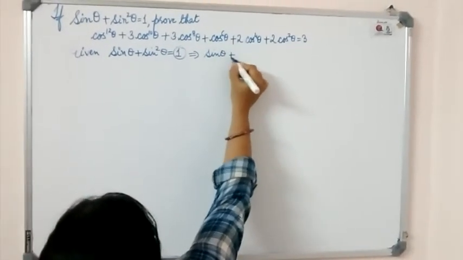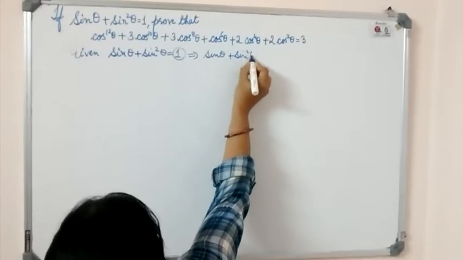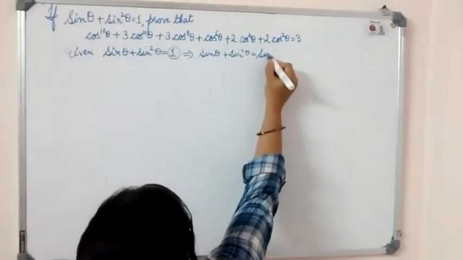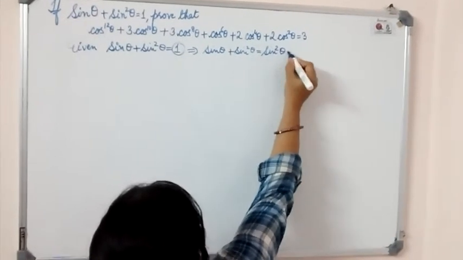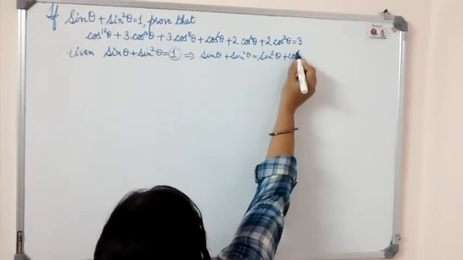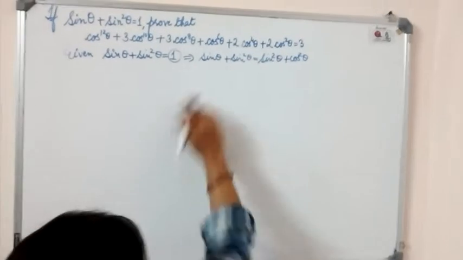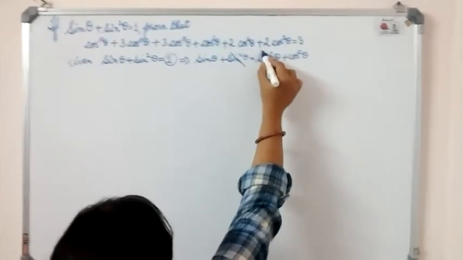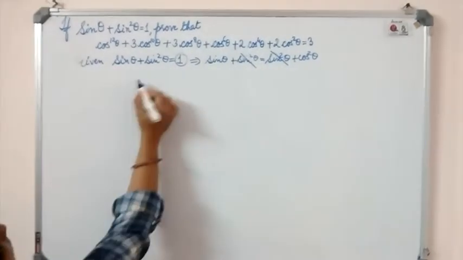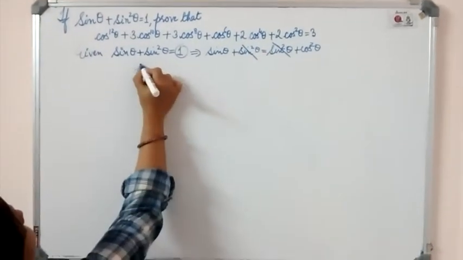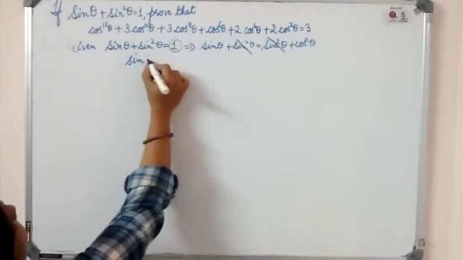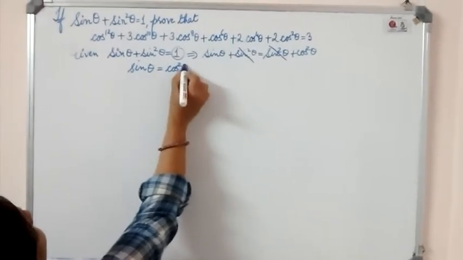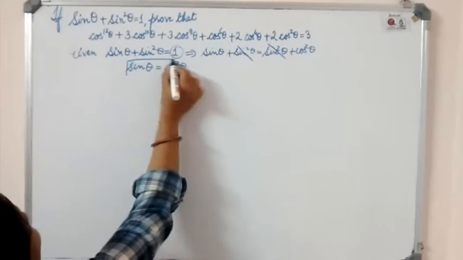Sine theta plus sine square theta equal to, now 1 I'm replacing with sine square theta plus cos square theta. Now you can see this is an equation formed, and sine square theta gets cancelled with sine square theta. So now we are left with sine theta is equal to cos square theta.